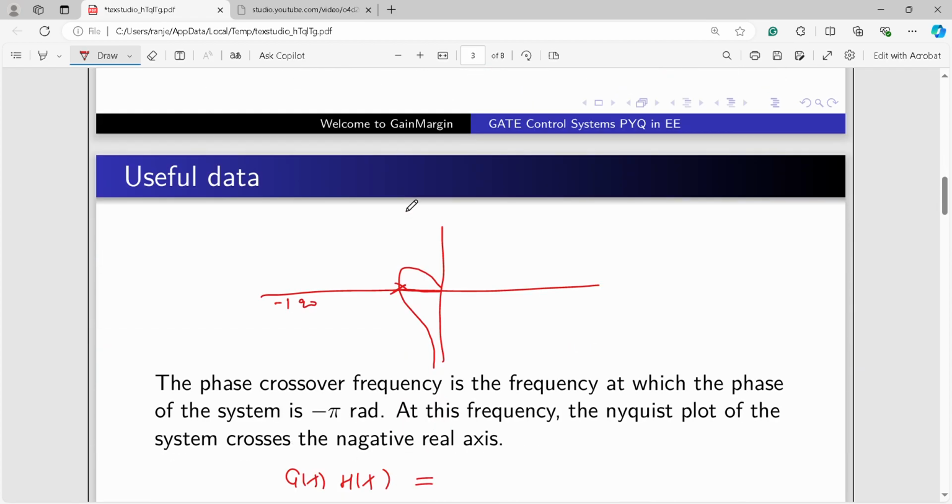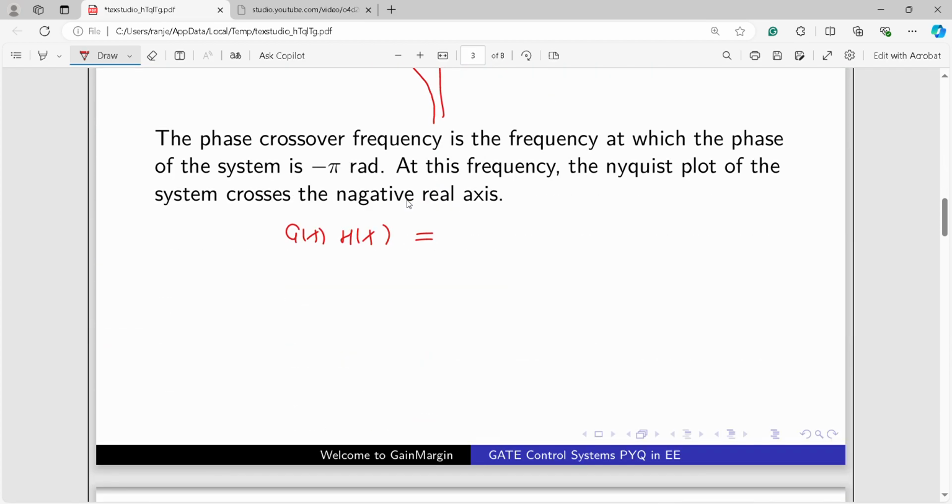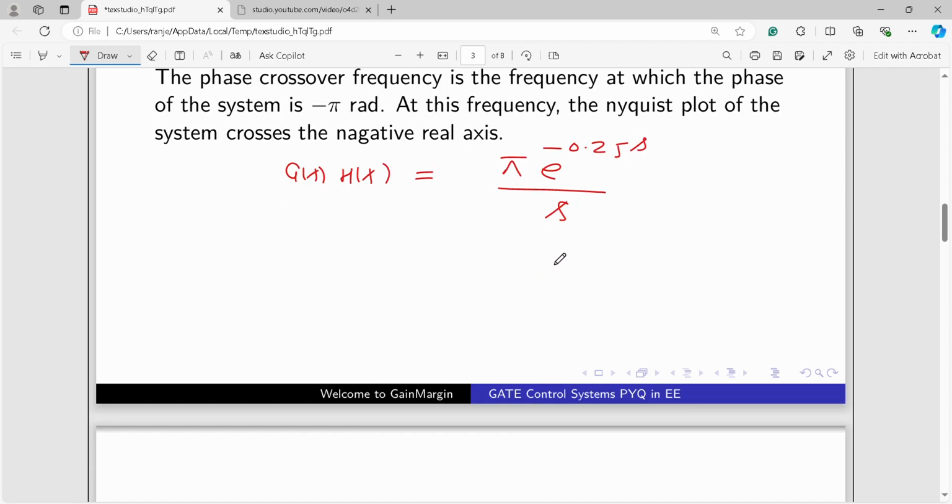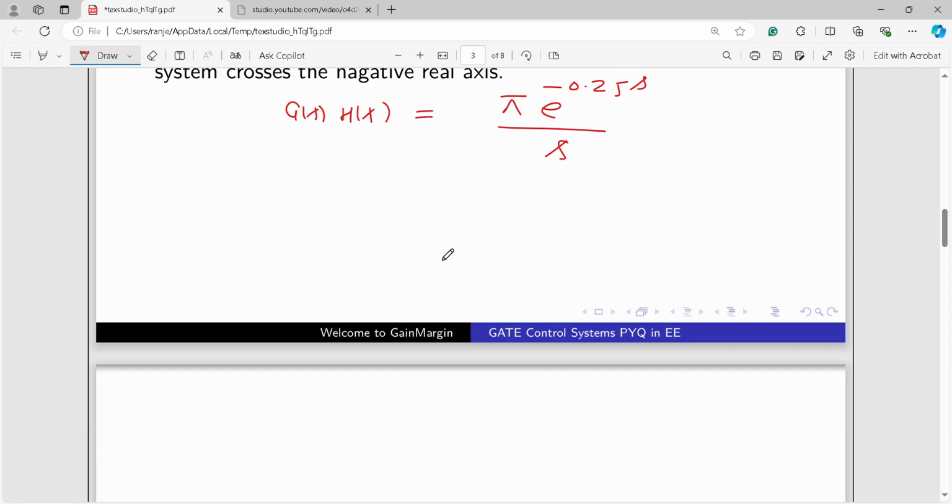Pi into e to the power minus 0.25 s by s, and with H(s) equal to 1, it comes out as pi into e to the power minus 0.25 s by s.